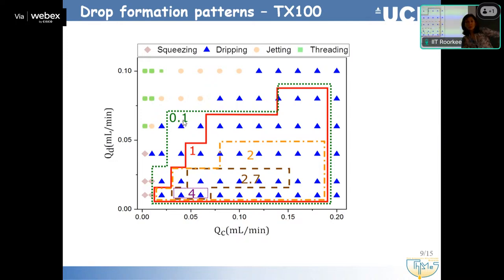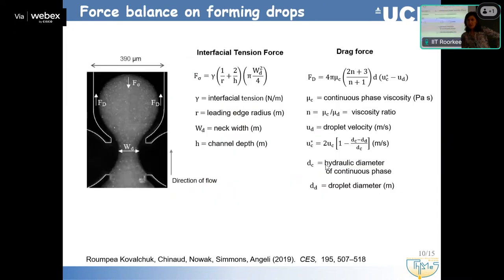So when we have only 0.1 CMC, this is the reduction in the dripping regime area. And when we increased more, we see the same decrease of the drip regime, and again some tip streaming at the end.